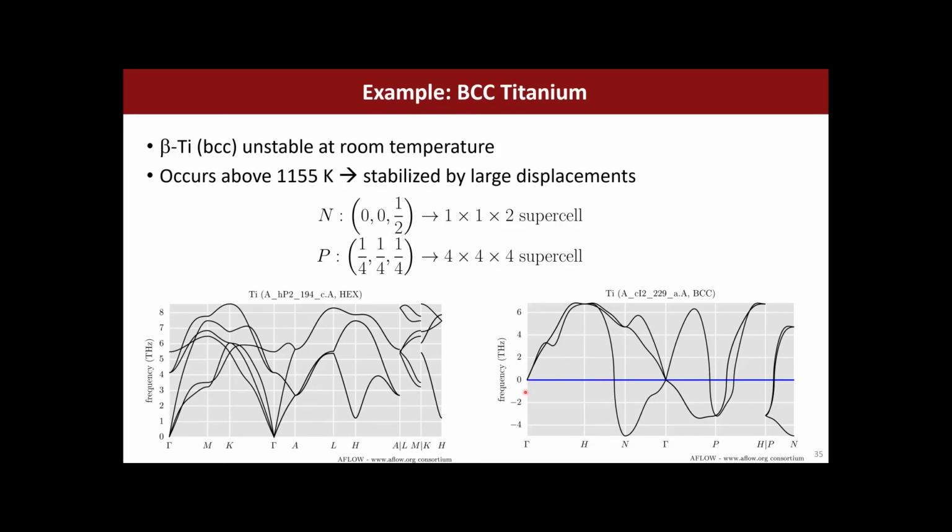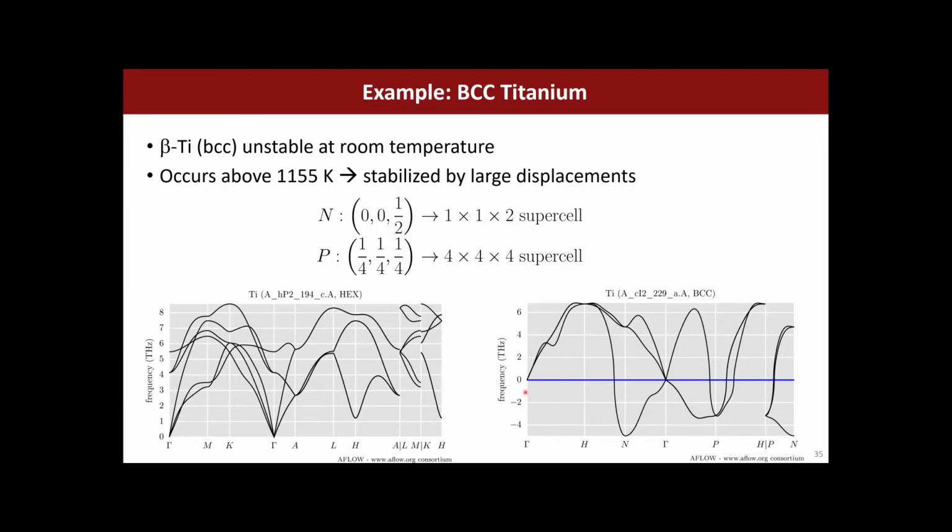So these imaginary frequencies are also responsible for phenomena like charge density waves. They can be important for spin density waves, and they can determine whether or not a material is stable. The problem with these imaginary frequencies is that, unfortunately, if you have a badly converged cell, or if your cell is too small, or if you don't have enough K points, you might get an imaginary frequency.